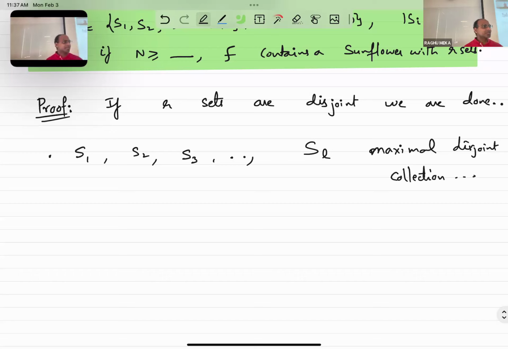I start with one set S1, whatever that is, and then pick any set which is disjoint from S1, if it exists. Pick any set which is disjoint from both of them, if it exists, and at some point you stop. So these are all a maximal pairwise disjoint collection.